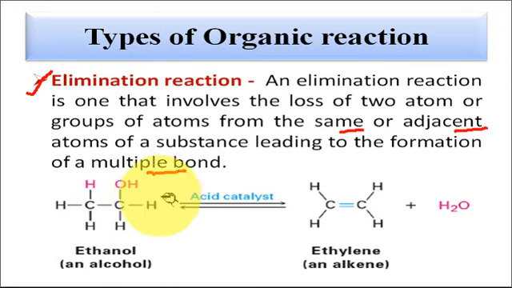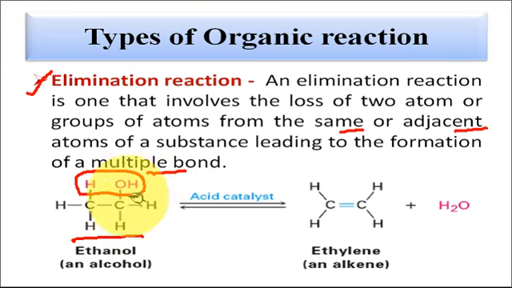Means when a substrate molecule is attacked in presence of acid or base or in presence of catalyst, there is the elimination of some atoms or groups from the substrate molecule. So this is just the reverse reaction of the addition reaction.